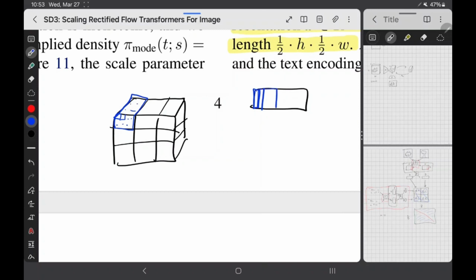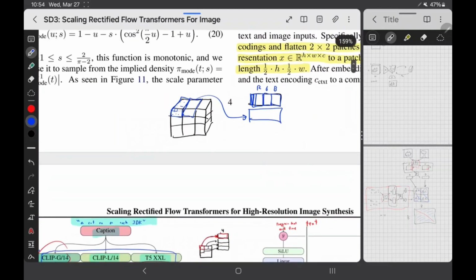So maybe this part represents the first channel, this part the second channel, and this one the third channel, like RGB. And that's how you encode that, and then you take the next patch, and this will be your second vector representing the second part of your image, and you just do this for your entire image.